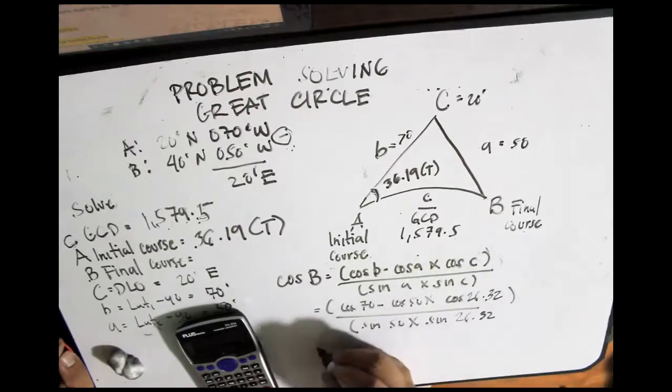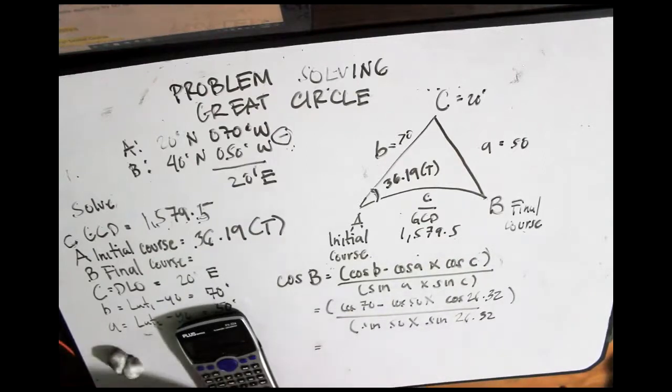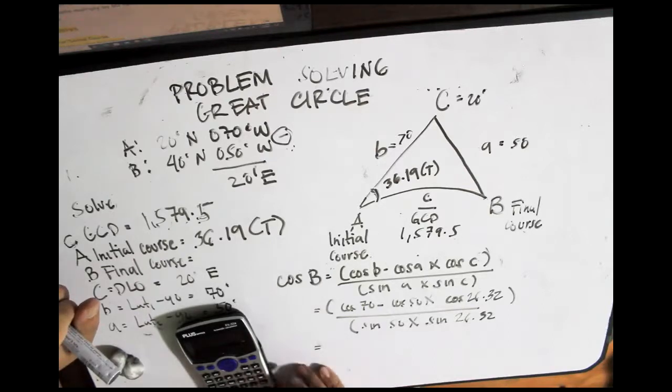Okay? Now, we solve. Okay, solve natin. So, here, we will do cosine 70 minus cosine 50 times cosine 26.32. Divided by sine 50 times sine 26.32.